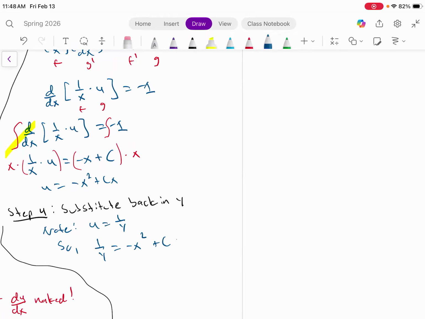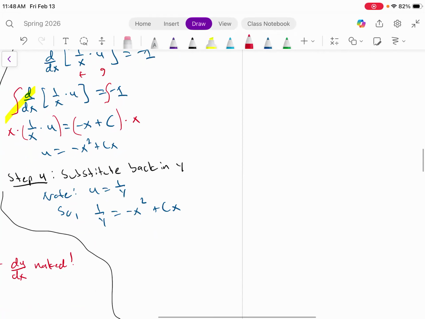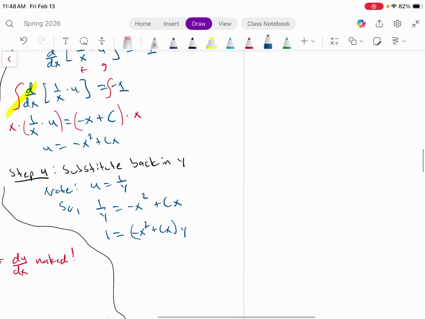And so let's go ahead and solve for y now. So if I multiply y to both sides, I get 1 equals negative x squared plus cx times y. But I still want to solve for y, so I'll divide both sides by negative x squared plus cx. Let me make a note of this.